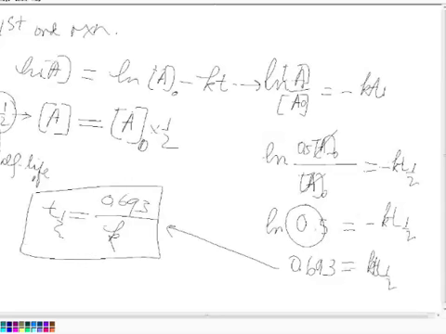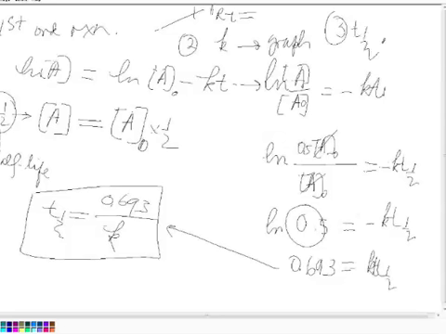So the three purposes in learning this chemical kinetics for first order reaction: the first is the equation for Kt, which we already derived; the second is K from the graph; and the third is t half, which we already derived.